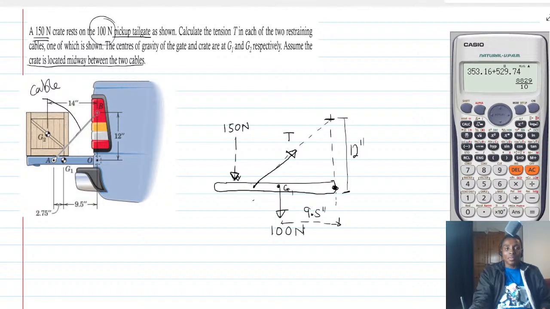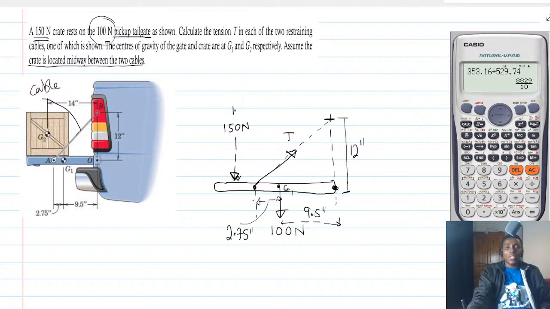Is that right? But at point A, the distance from here all the way to the weight is given as 2.75 inches. Okay.